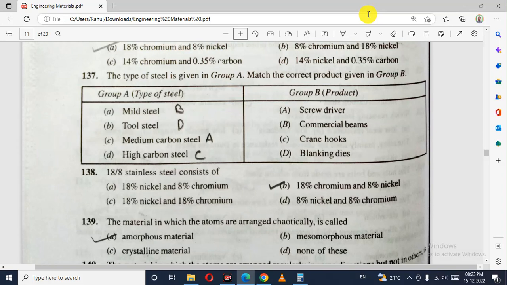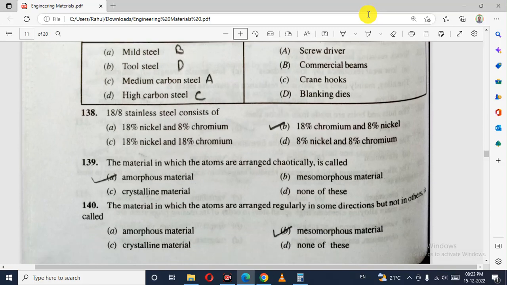The material in which the atoms are arranged irregularly is called amorphous material. The material in which the atoms are arranged regularly in some directions but not in others is called anisotropic.